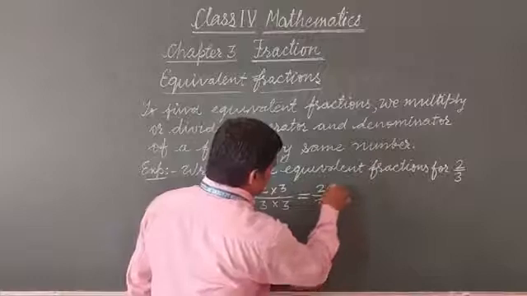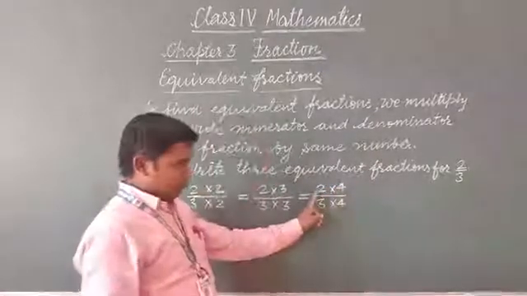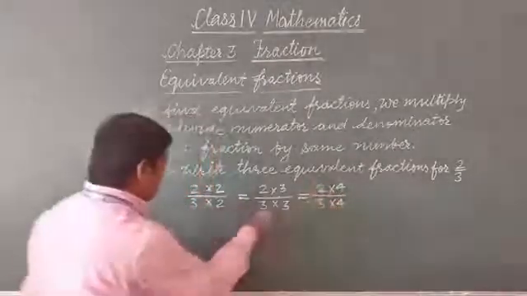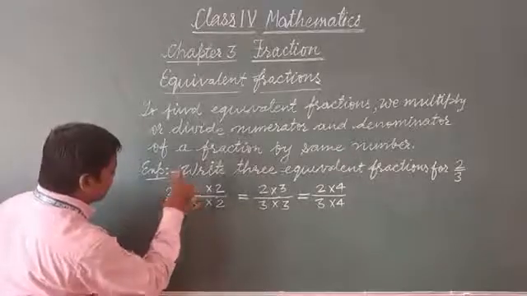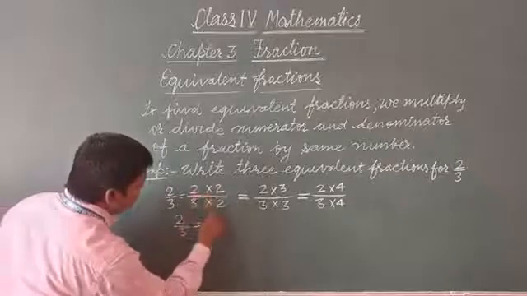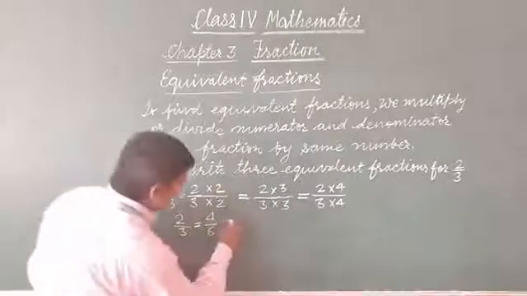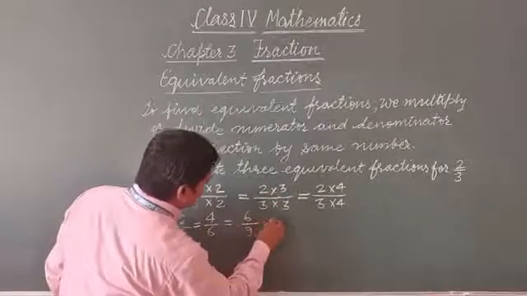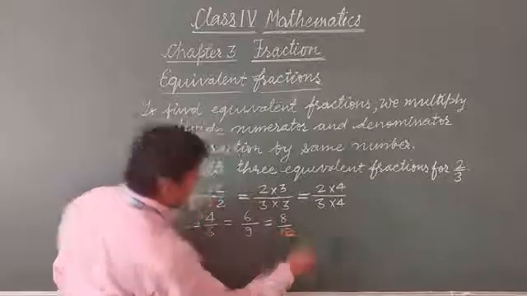Then I am multiplying the numerator and denominator of the fraction by 4, and from here 2 by 3 is equal to 2 into 4 by 3 into 4. Here 2 times 3 is 6, 3 times 3 is 9, and here 2 times 4 is 8, 3 times 4 is 12.